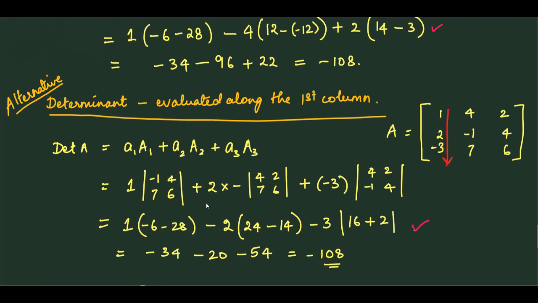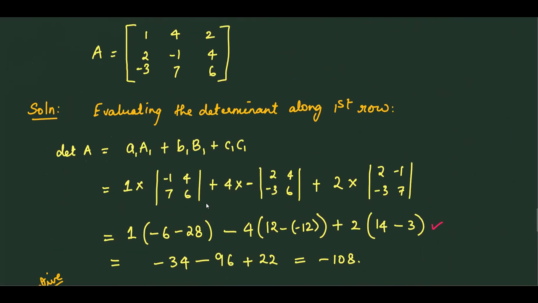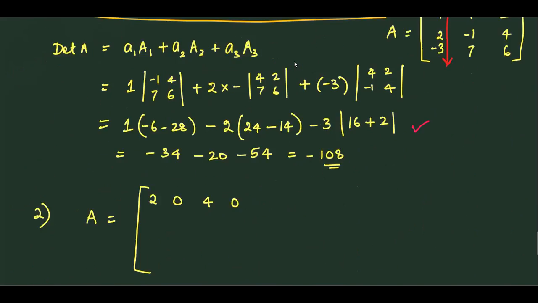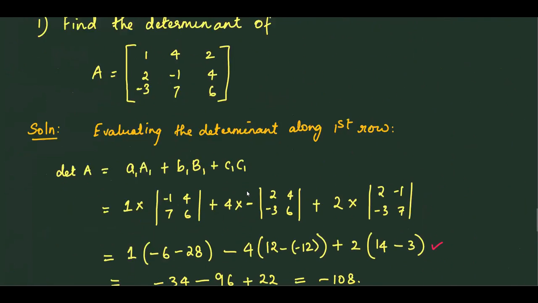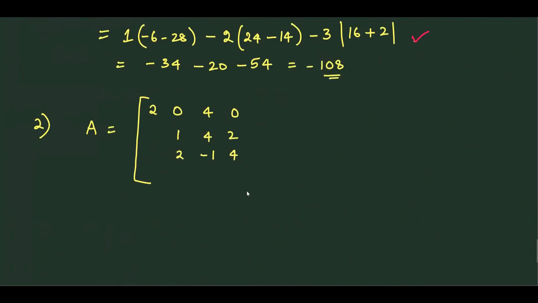And I'll purposely put the same matrix here. 1 4 2, 2 minus 1 4, minus 3 7 6. That may also make it long, but I'm just putting it so that we have already evaluated it.